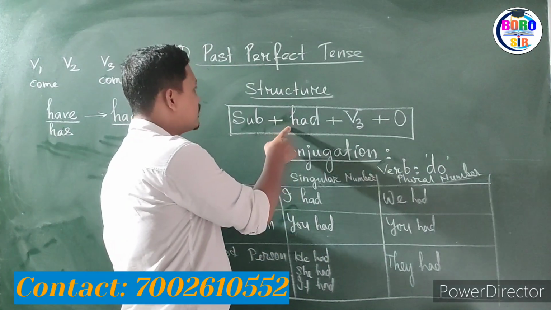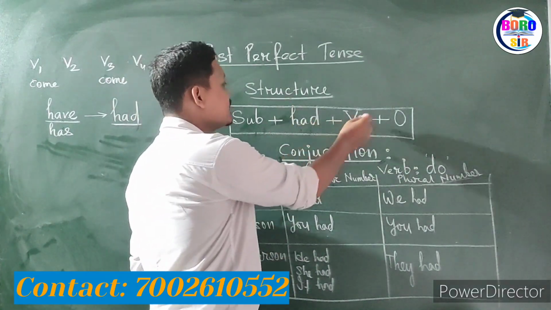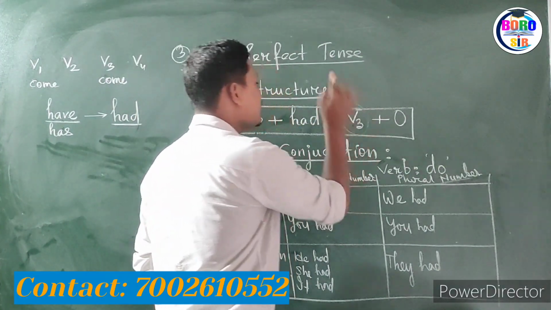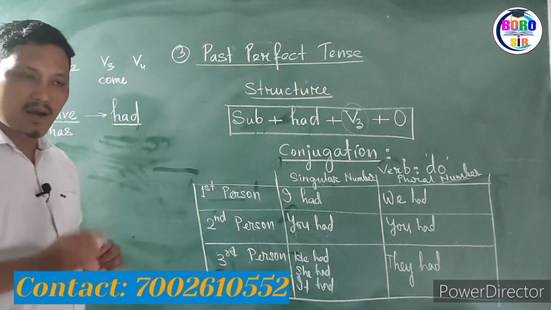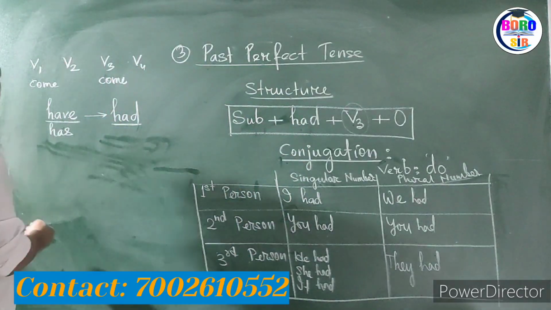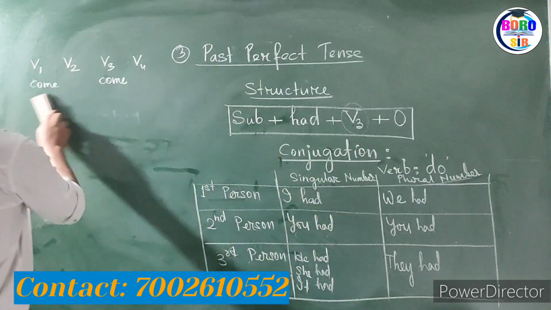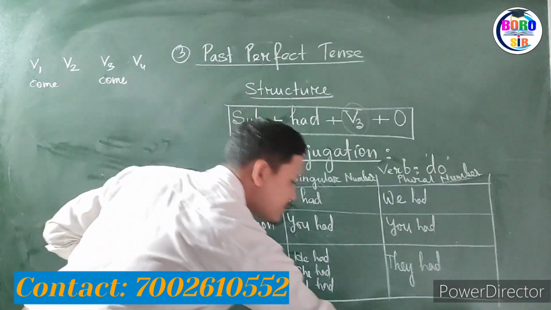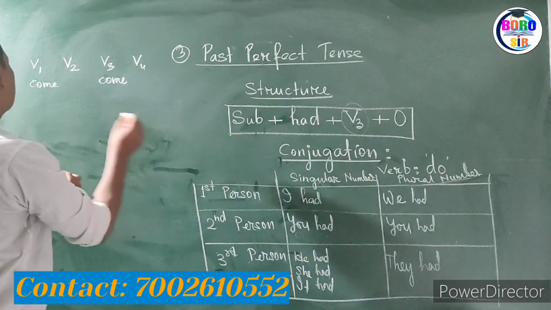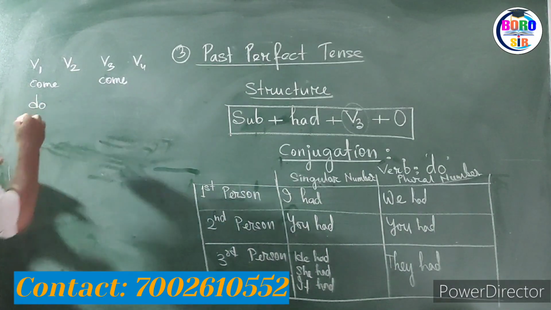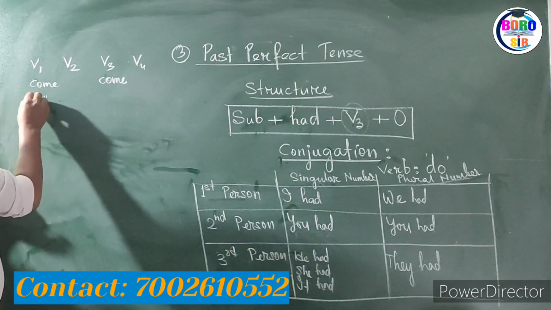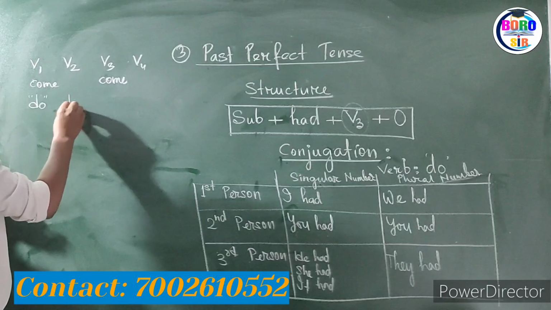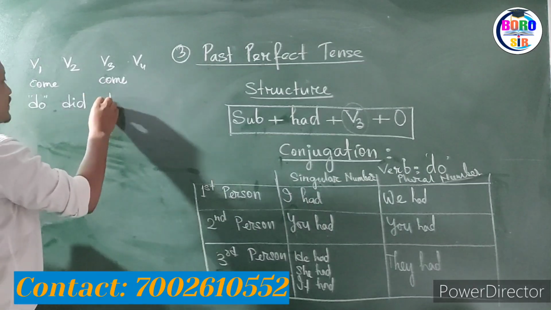Now, according to the structure, after had, the main verb should be written in the third form, right? Now we are going to first write the third form of the main verb do. What is the second form of do? It is did, am I right?